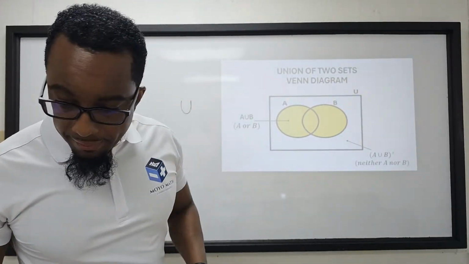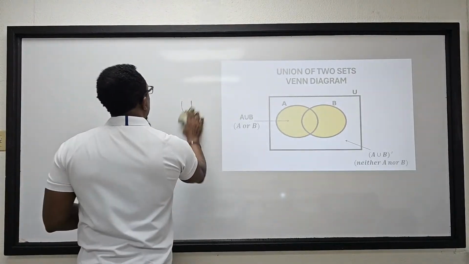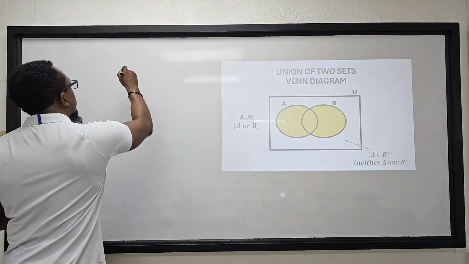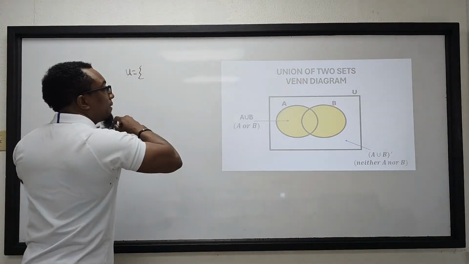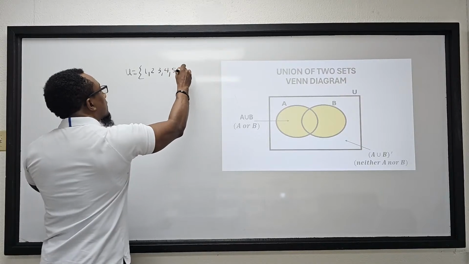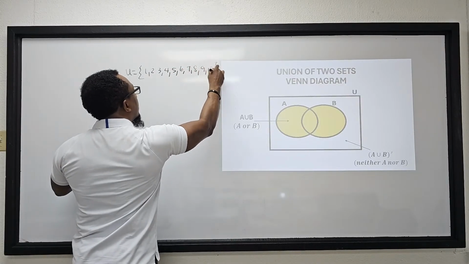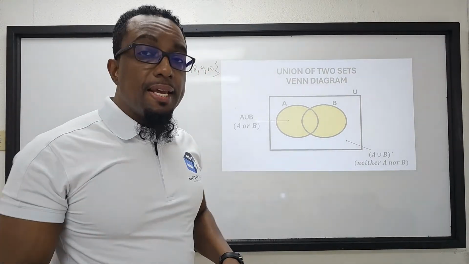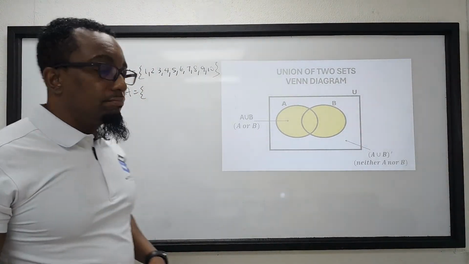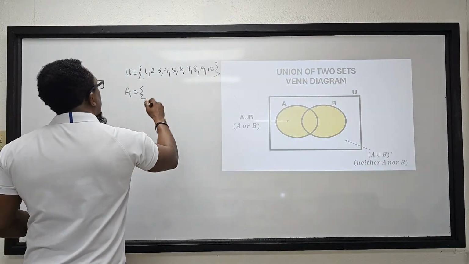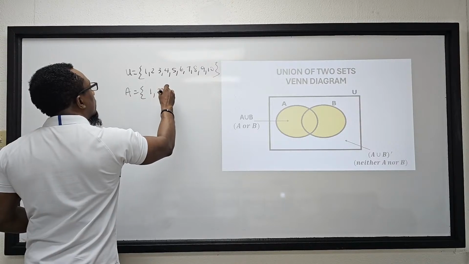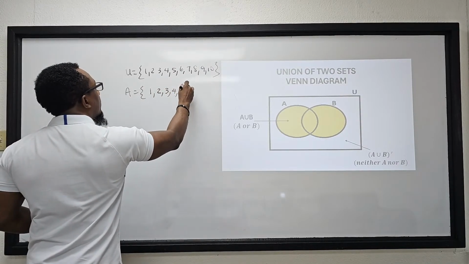So if I have here my universal set, and I have elements 1, 2, 3, 4, 5, 6, 7, 8, 9, and 10. And I have my set A, whose elements are 1, 2, 3, 4, 5.